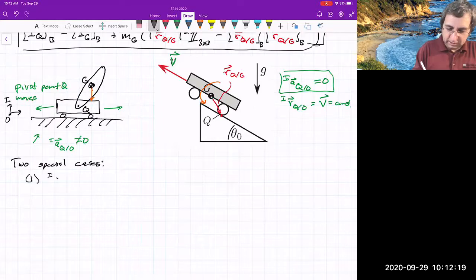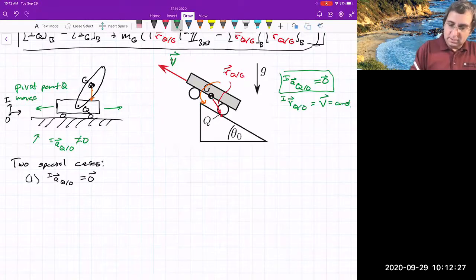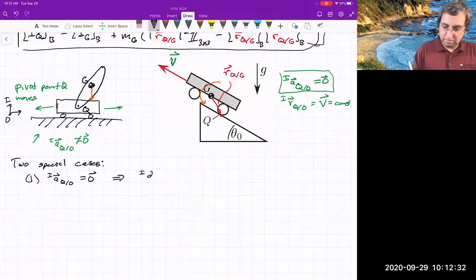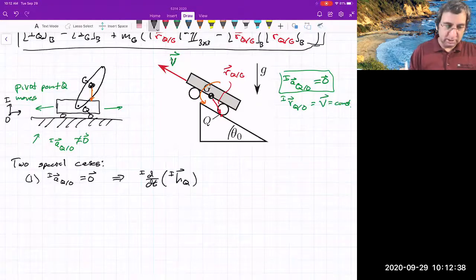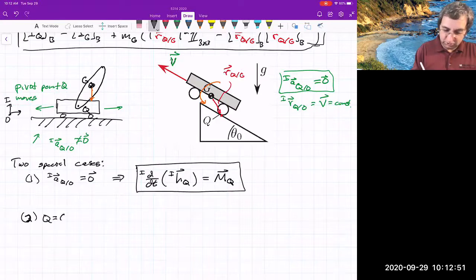If the acceleration of Q is 0, this is a 0 vector. If the acceleration of Q is 0, then the inertial derivative of angular momentum of the system is just the moment with respect to Q. The other case is if Q equals G, that means that RQG is the 0 vector.